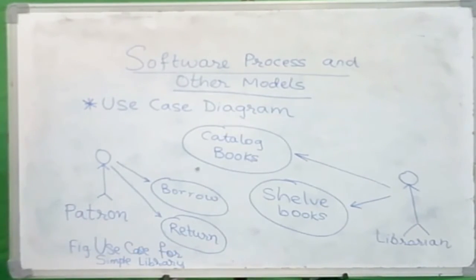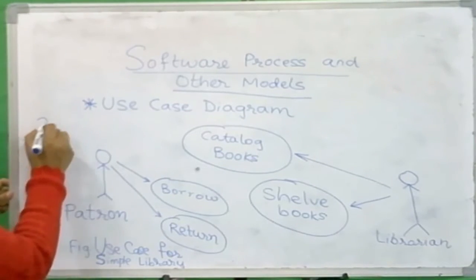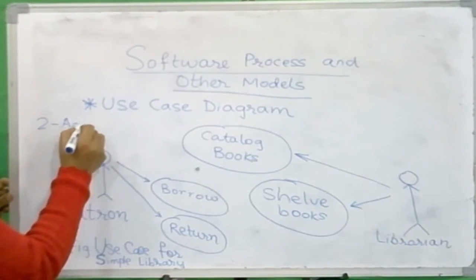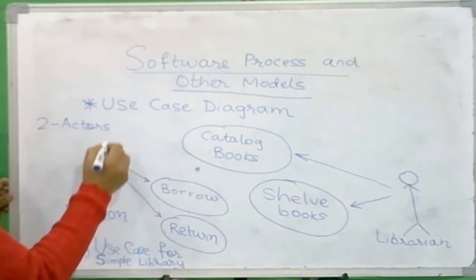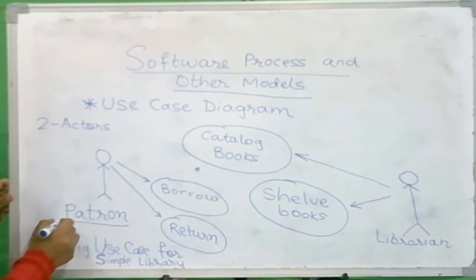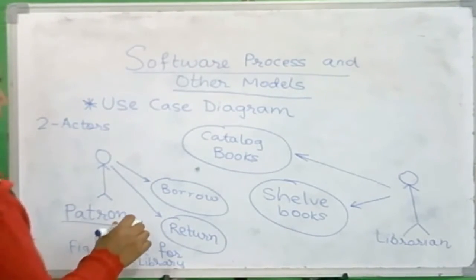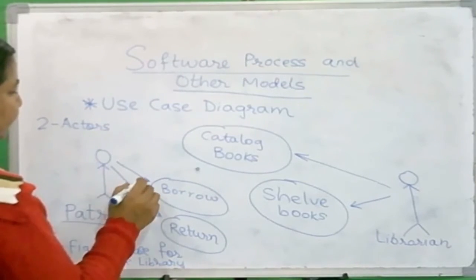So this is the use case diagram for simple library. Now we find that there are two actors here. In this figure there are two actors. One actor is labeled as patron, who will give the book.